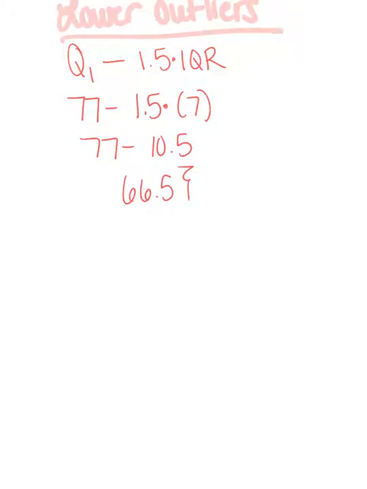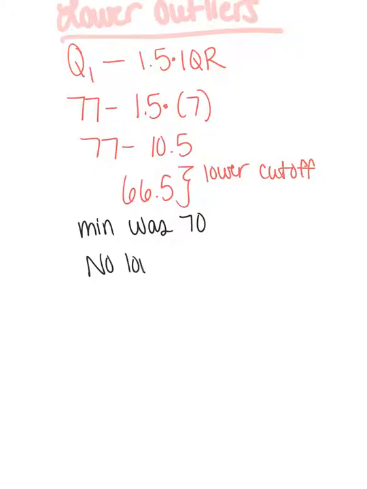This is going to be my lower cutoff. So anything lower than 66.5 is going to be an outlier, but my minimum of my data was 70. So there's nothing lower than this. There are no lower outliers.